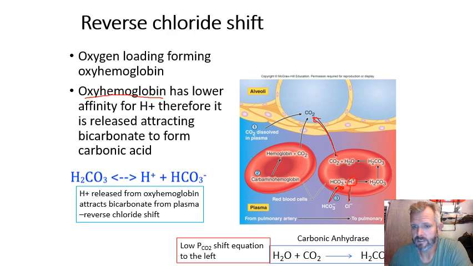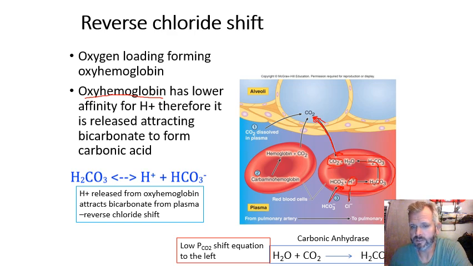Now we go in reverse because CO2 is leaving into the alveoli, and that draws this equation in this direction, because the CO2 is continually being diffused out. So we get the conversion of bicarbonate and proton to carbonic acid, and carbonic anhydrase converts carbonic acid into CO2 and H2O.